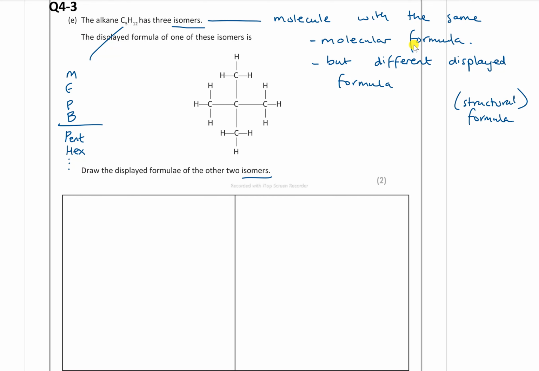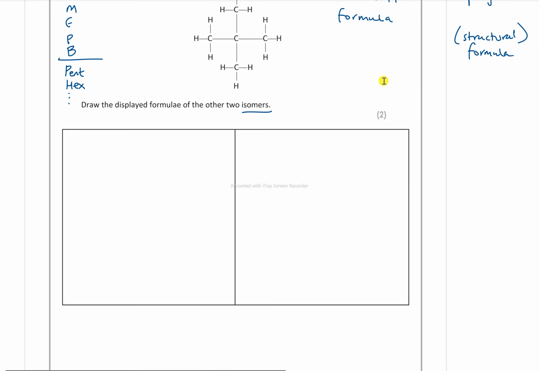We need to draw isomers. So the easiest one is, I know it's got 5 carbons, so I'll do 1, 2, 3, 4, 5, and I know each carbon has 4 bonds. So look, this is what I've got so far. So what I'm going to do is make this carbon at the end have 4 bonds. So you've got 1, 2, 3, and it's already got 1 there, yeah? So hydrogen, hydrogen.